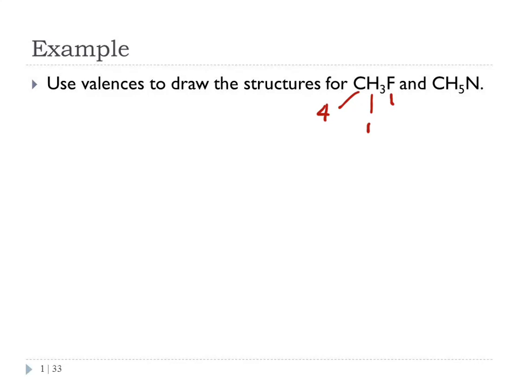And the valence for fluorine? 1. So fluorine and hydrogen can only make 1 bond each, and the carbon needs 4. The carbon, therefore, has to be in the center. And we'll have the hydrogens and the fluorine around it. And which position you put the fluorine in doesn't matter. It could be the top or the left, doesn't matter.